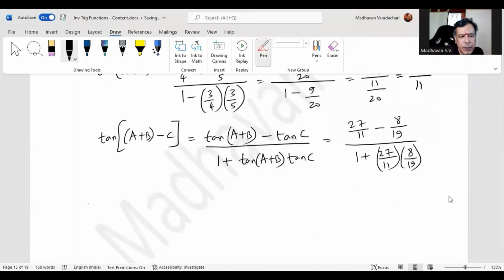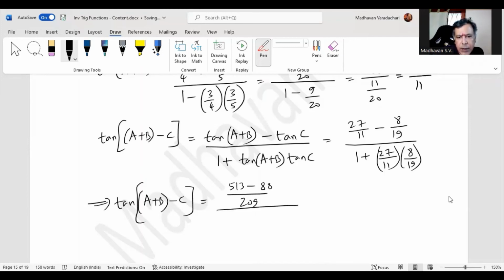So which means our tan of A plus B minus C will become, LCM for the numerator is 11 and 19, it becomes 209. So here it is 27 into 19, you get 513, here it is 88. Whole thing divided by 1 plus 27 into 8, it is 216, 11 into 19, it is 209.